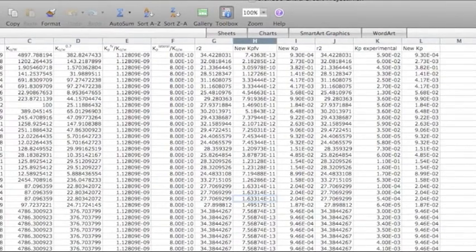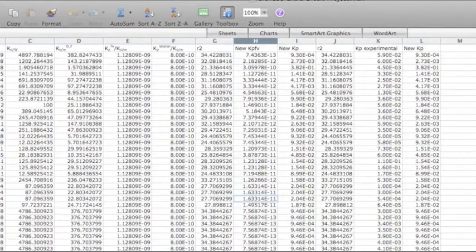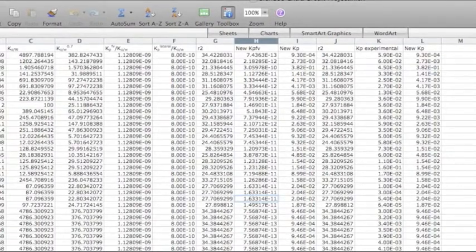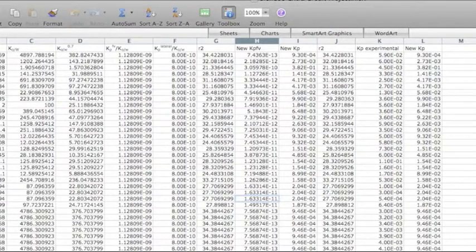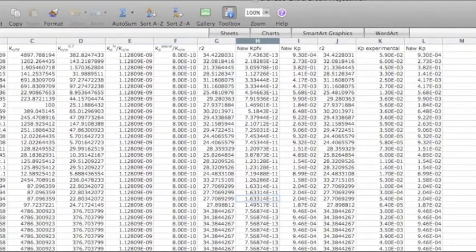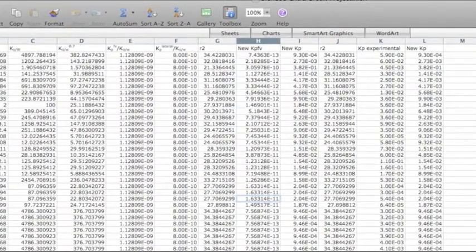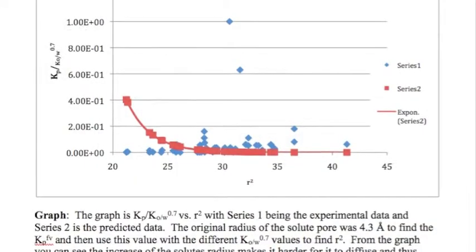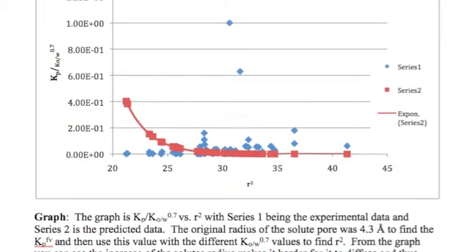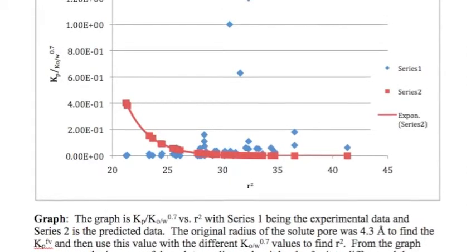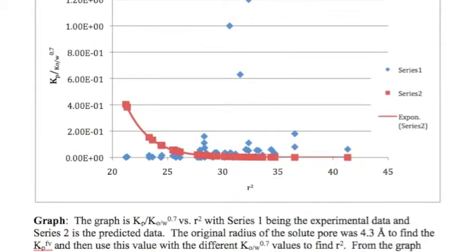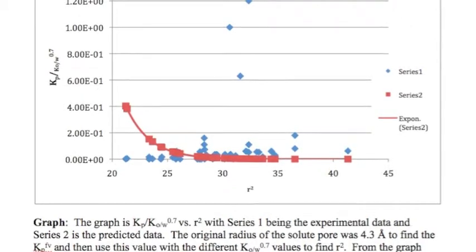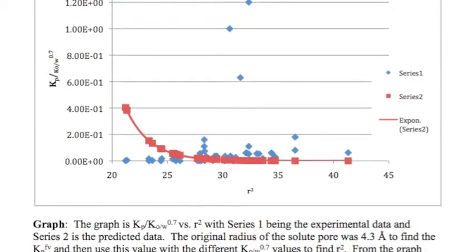So that's how, due to the different solute partition coefficients, I got my new R2 in column G. And then I found our new Kp, which is in column I, and then just used R2 as my x-axis against the new Kp, which is predicted, and then the experimental is what was in the table. And here's my results.